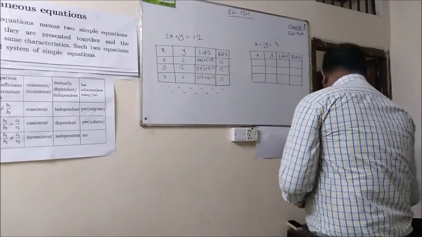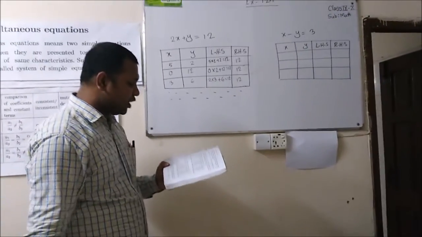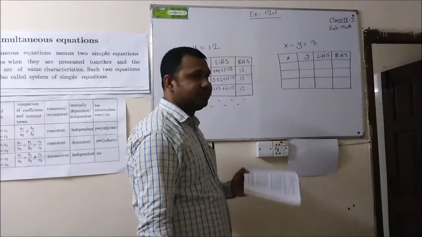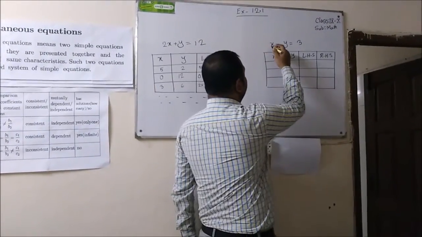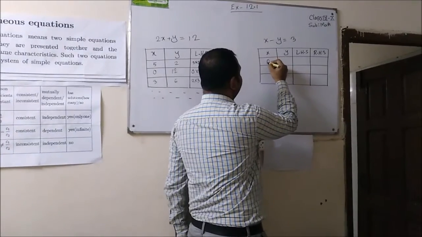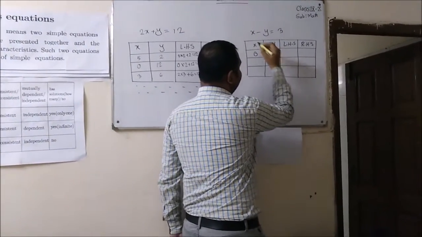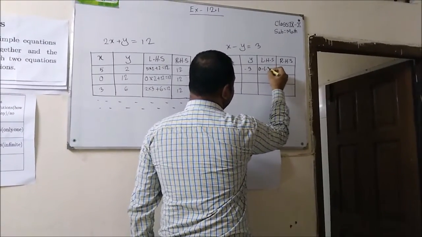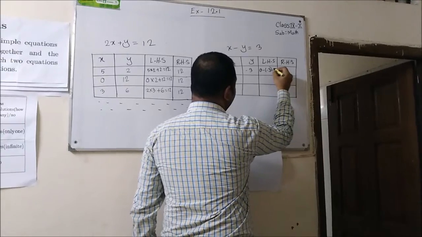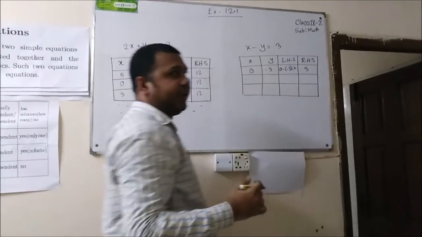Similarly, for the second equation, x minus y, you can see on the board it is written x minus y. If I put the value x equal to 0 and the value of y equal to minus 3, then you will see 0 minus minus 3, that is positive 3, whereas your right hand side is also 3.